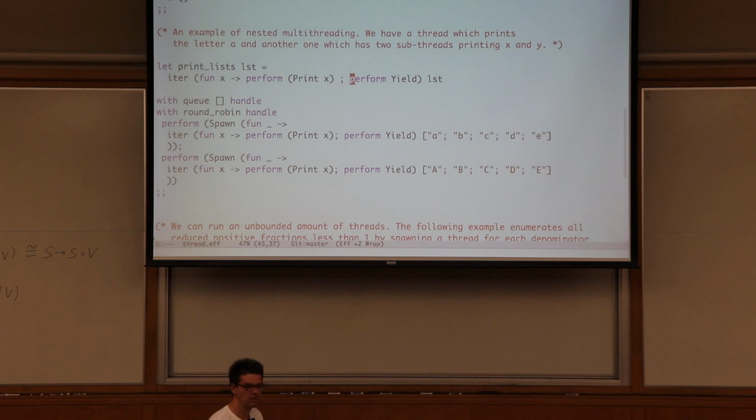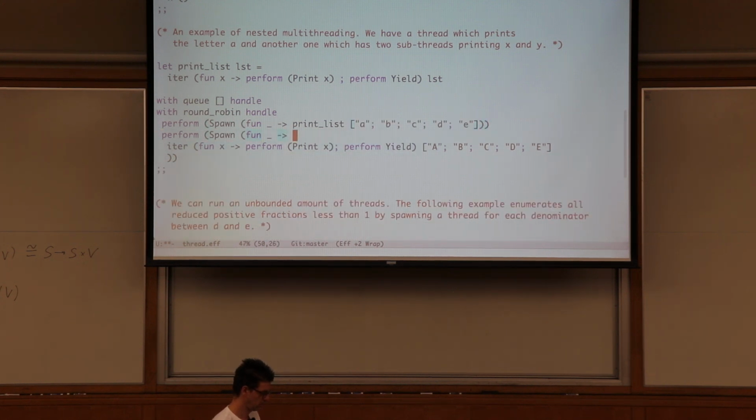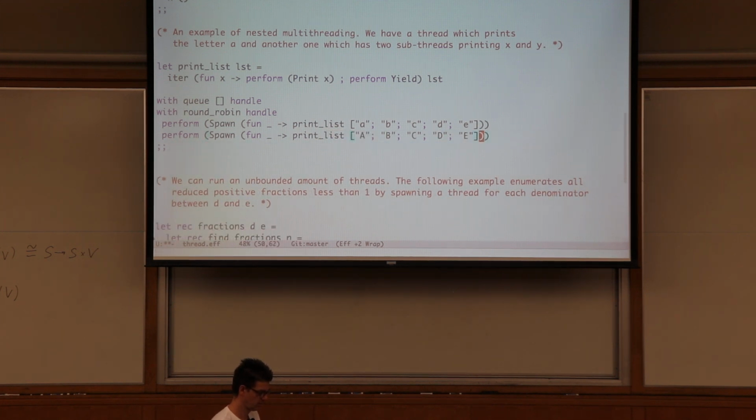So we print and yield. So each of these processes here is going to print this list, and then we're going to print this list. Okay, this is a better program.